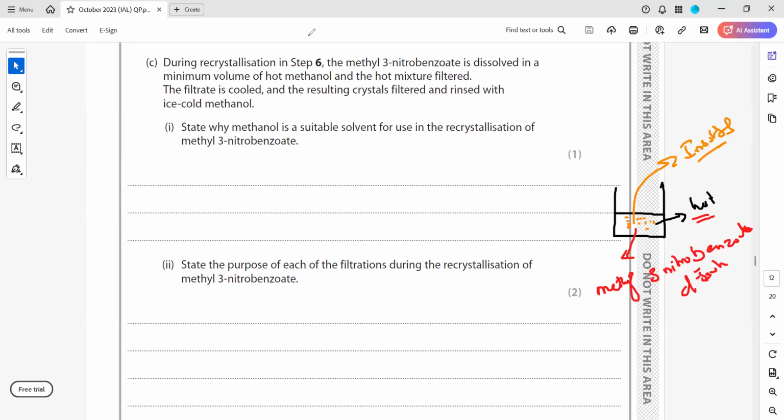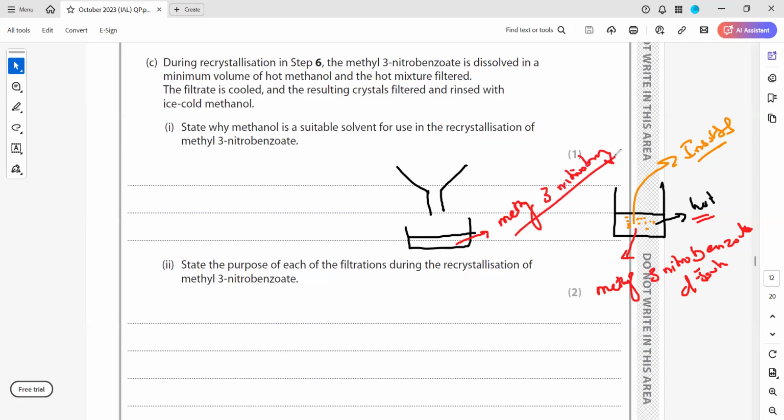Now, when we carry out the hot filtration, what passes through is the soluble methyl 3 nitrobenzoate.